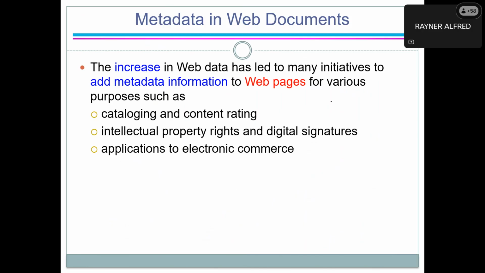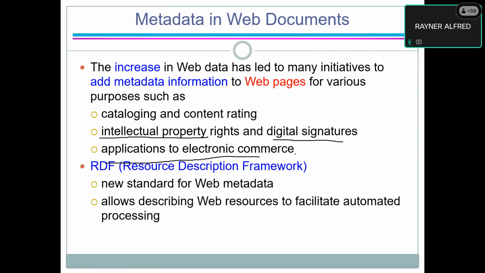So this is important because normally you want to map your IP or digital signature, or you want to include your item in the e-commerce because you want to promote, right? So you want to sell your product, so you need to provide as much information as possible in order for your product to be visible out in the market.